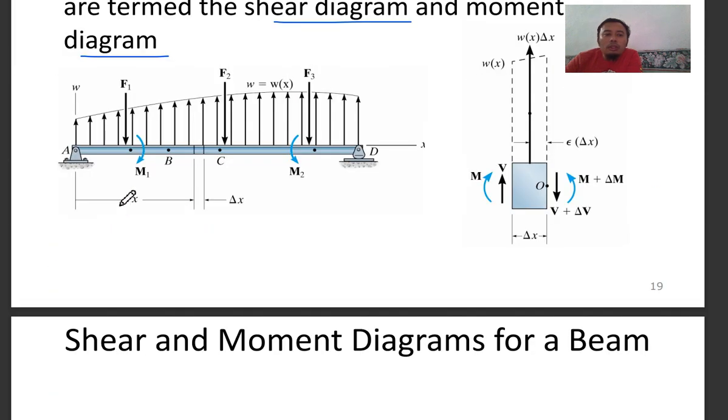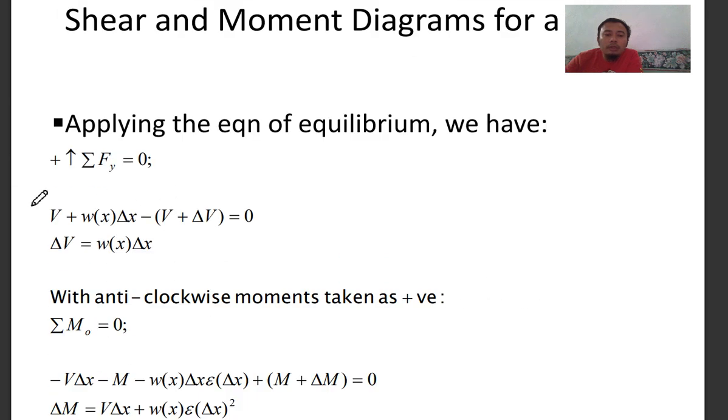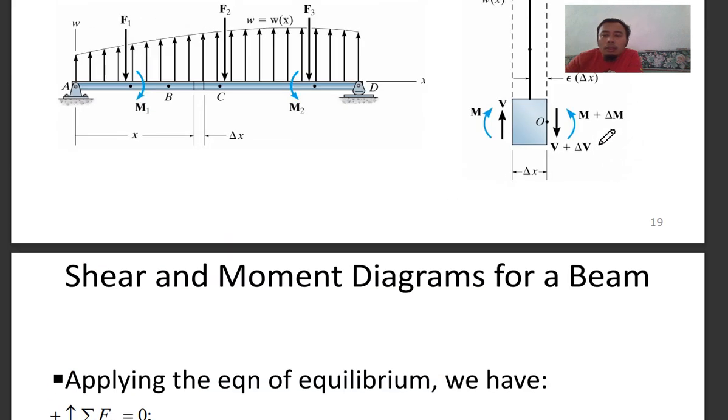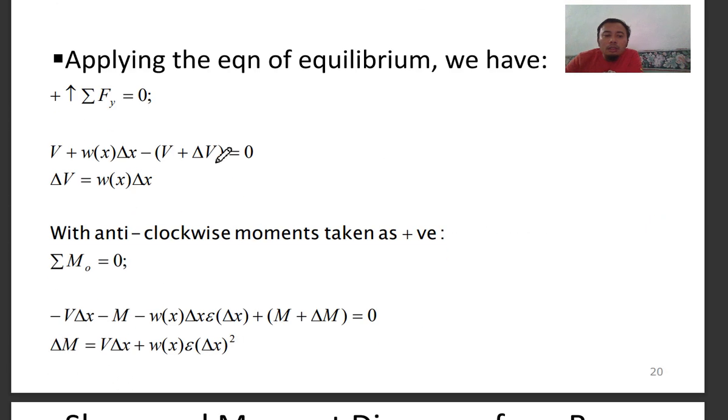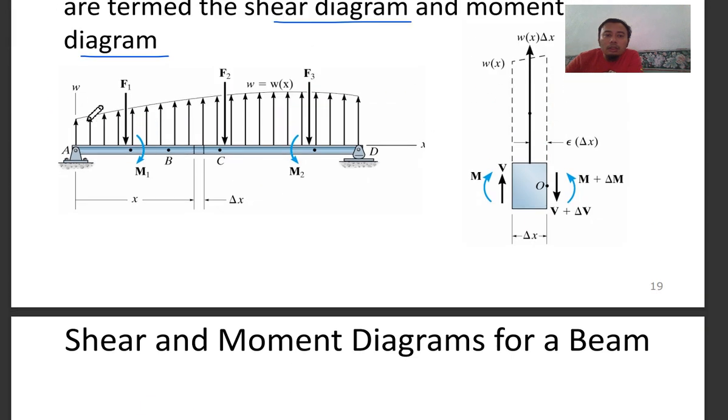In this diagram, you can see the shear force V plus the distributed load times the distance x, minus V plus the increment of shear, is equal to 0. You can cancel out this value, so the increment of shear is the distributed load times a small incremental distance x.